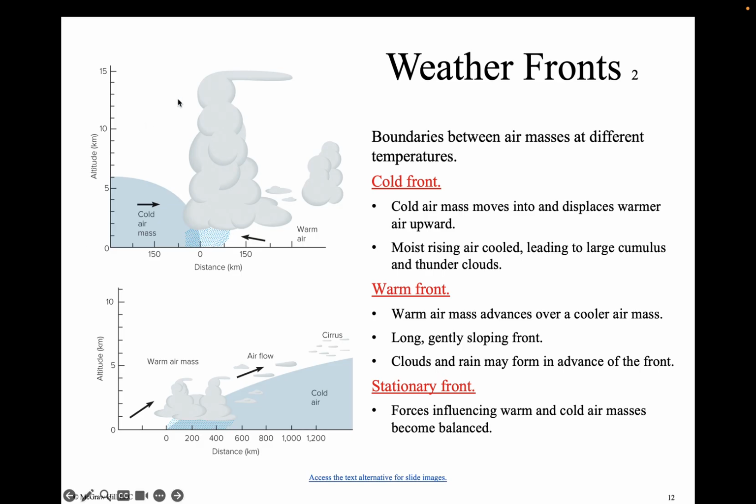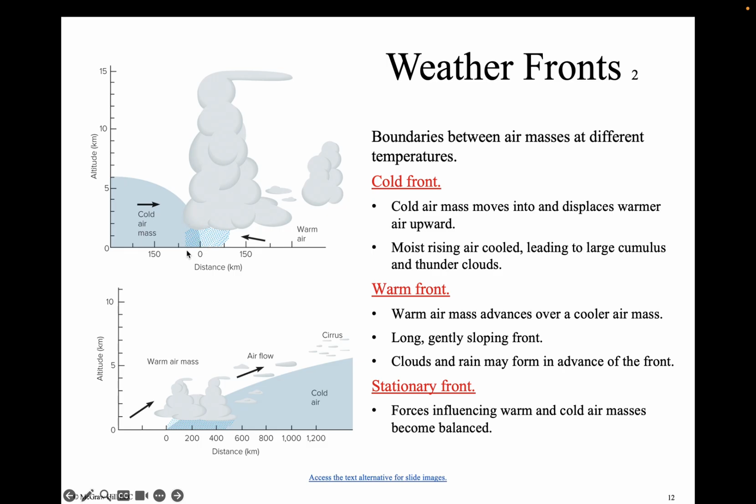Here you have the cold front. The cold front happens when the cold air mass pushes into the warmer air mass. Here the dense colder air goes underneath the warmer air and pushes the warmer air upward. The weather formed at this front is usually a sudden drop in temperature.